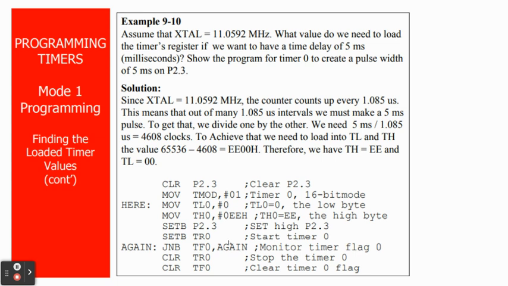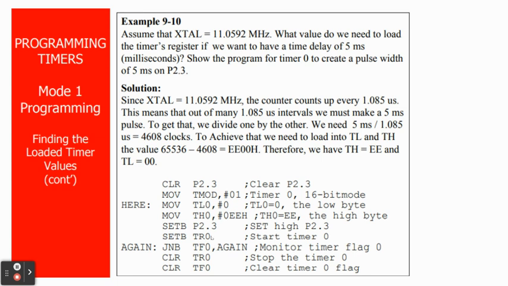that we will have a loop that will not do anything whenever the TF0 is equal to 0, or it's still 0. But when the timer flag 0 becomes 1, then it will stop looping between again and this. So it will not go to clear TR0 or clear TF0 unless the timer flag 0 is equal to 1, and that will only happen when the timer is done with its timing job.